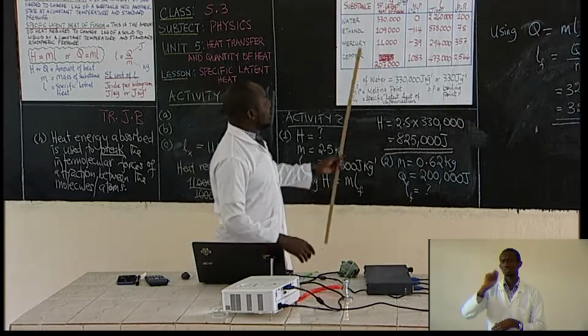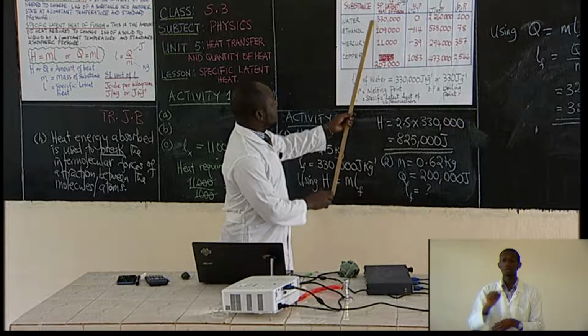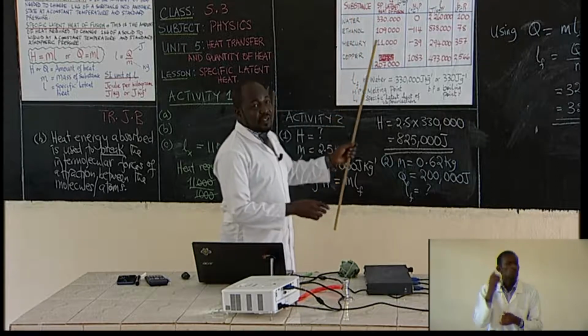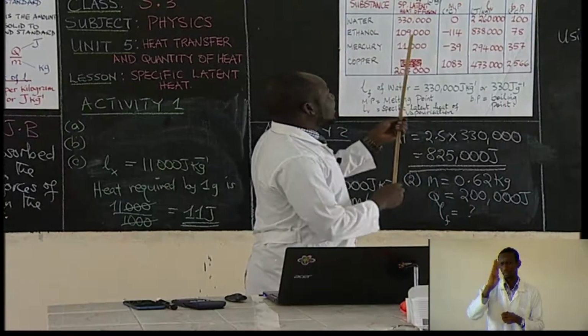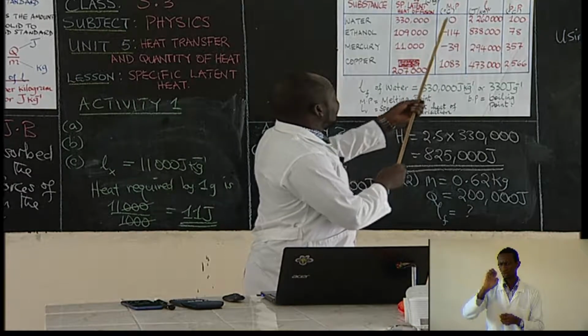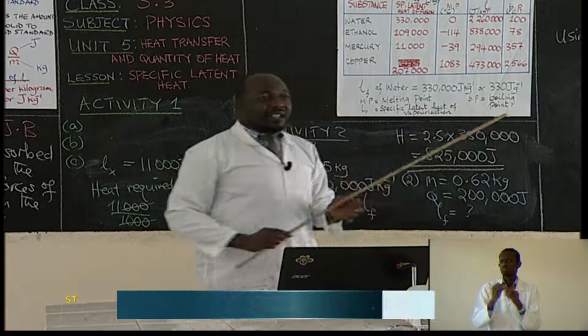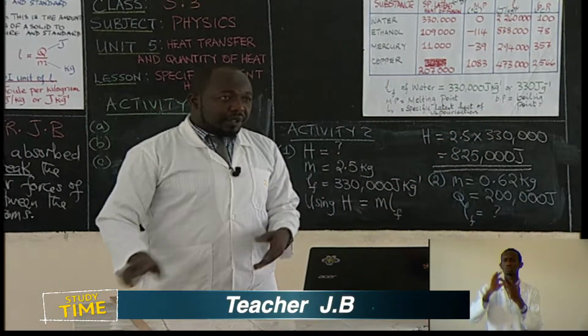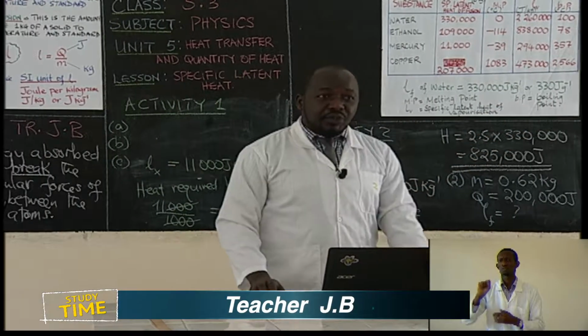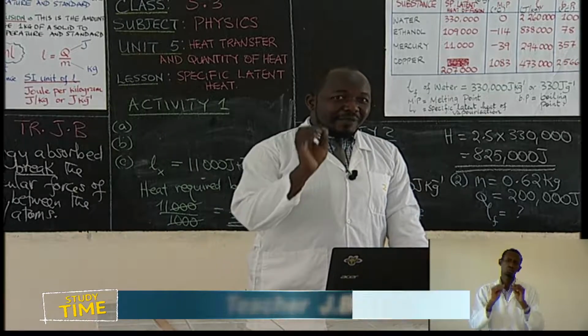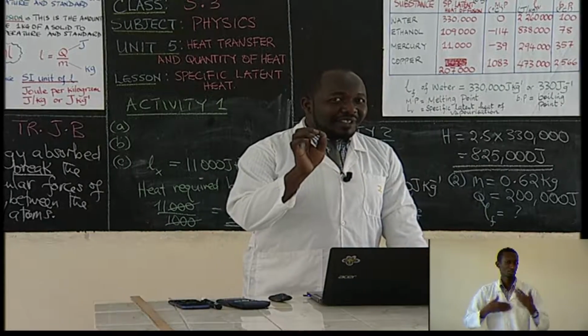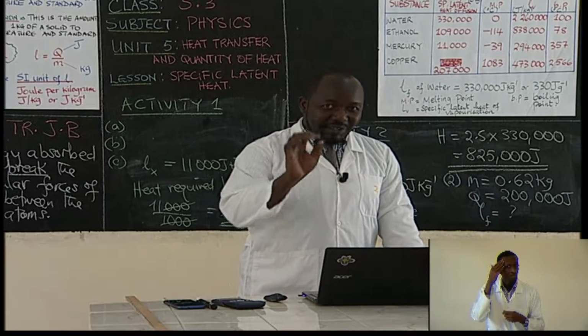And lastly, you should also remember that every substance has got its own specific latent heat of fusion, melting point, boiling point, and specific latent heat of vaporization. So that is what I wanted us to be able to succeed. And I'm quite very happy because I know people have understood that.